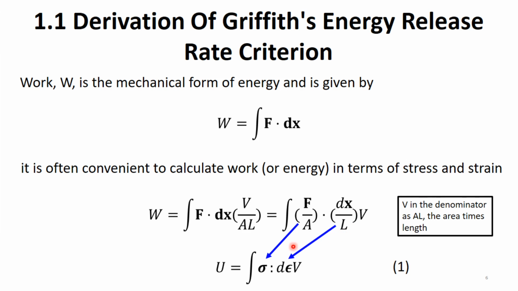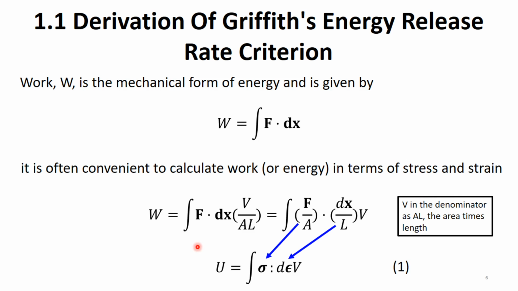Strain is represented by the Greek letter epsilon, and as this strain is for a small element dx, we are using d epsilon. We are also replacing W with U, as work done is energy.